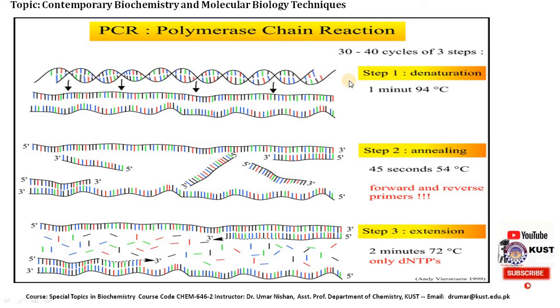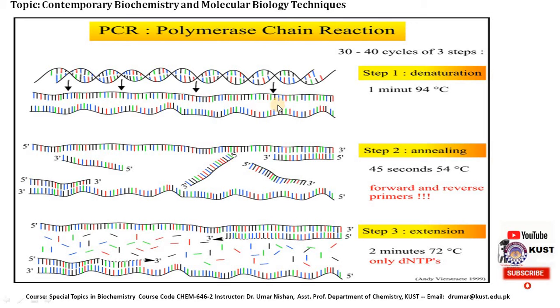Now when we put the mixture into the thermocycler, in the first step it will change the temperature in around 1 minute to 94 degrees C, which will result in denaturation of the DNA. As you can see, the hydrogen bonds between the two strands, which are weak bonds, are broken, and the two strands are separated from each other.